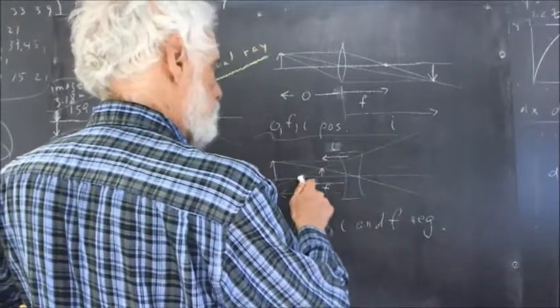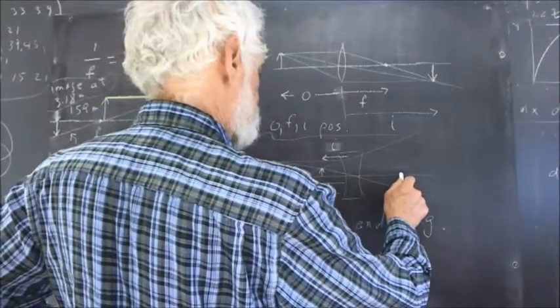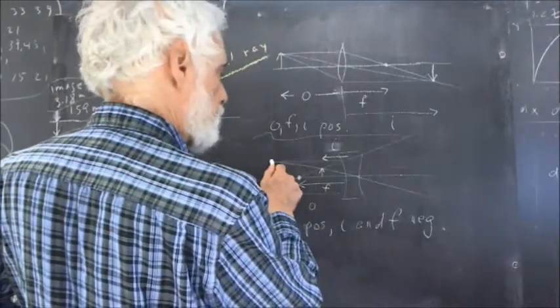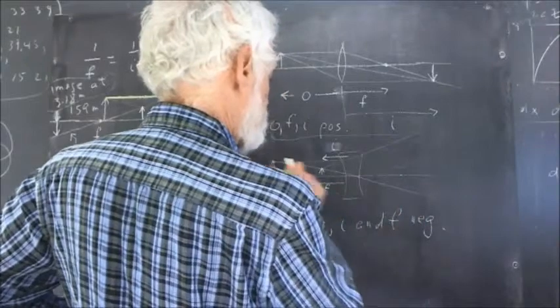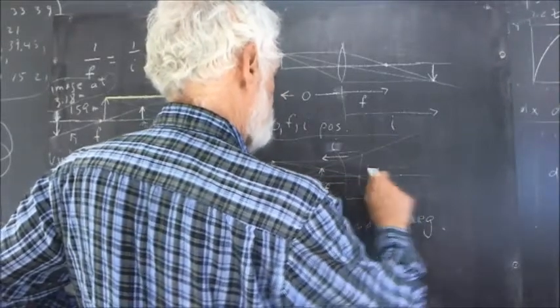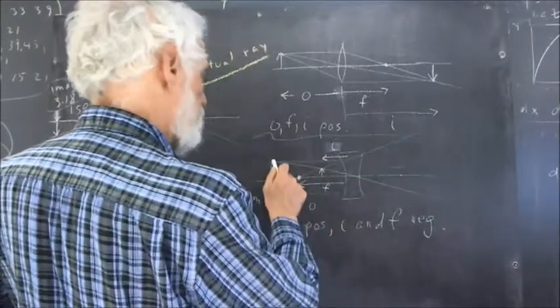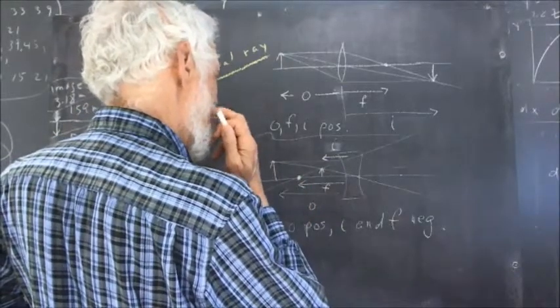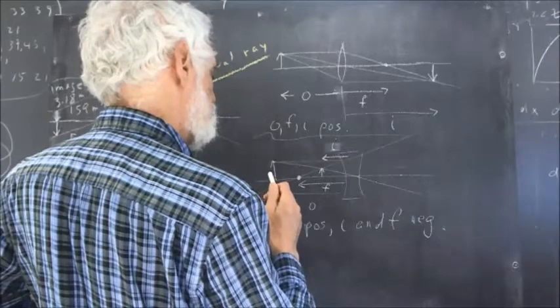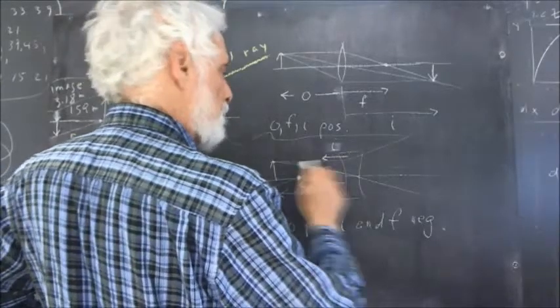And that ray turns out to be the ray that would start here and be aimed at this point. Now, it's aimed at this point, but it hits the lens and it comes out parallel to the axis. And that ray would also pass through this point.